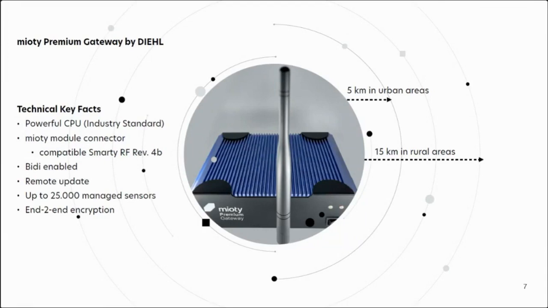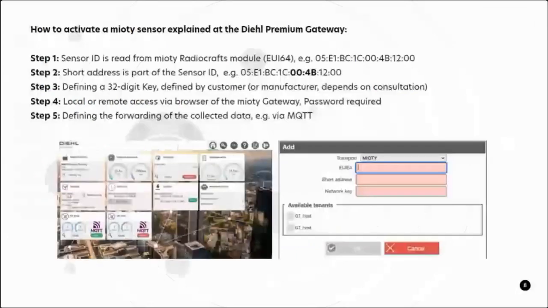Next slide, please. So here, since we are on a webinar today, just a quick overview on how to activate a turnkey ready Mioty sensor with the DIA Premium Gateway. Step one is you get the sensor ID, which is read out from the Mioty Radiocrafts module. Here's just an example of one of the Mioty devices that we have shipped.